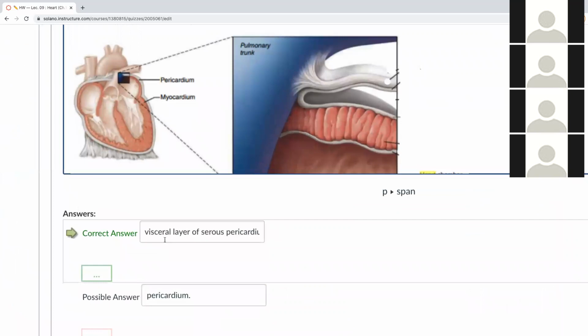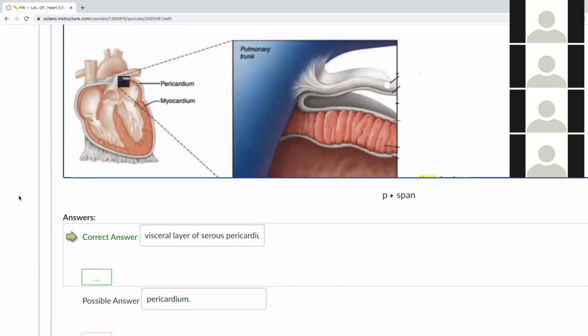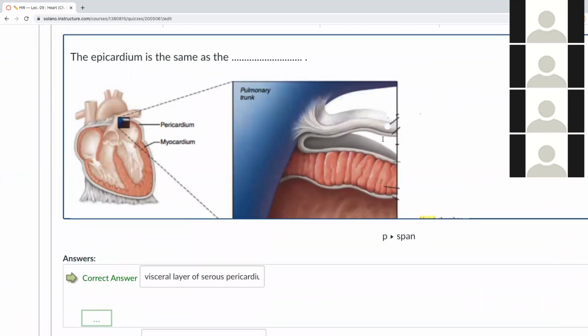So visceral layer of the serous pericardium. Okay. So the outermost is the fibrous pericardium. Look at the structure, which is very hard taut structure. This is the fibrous pericardium, and this is the serous pericardium.